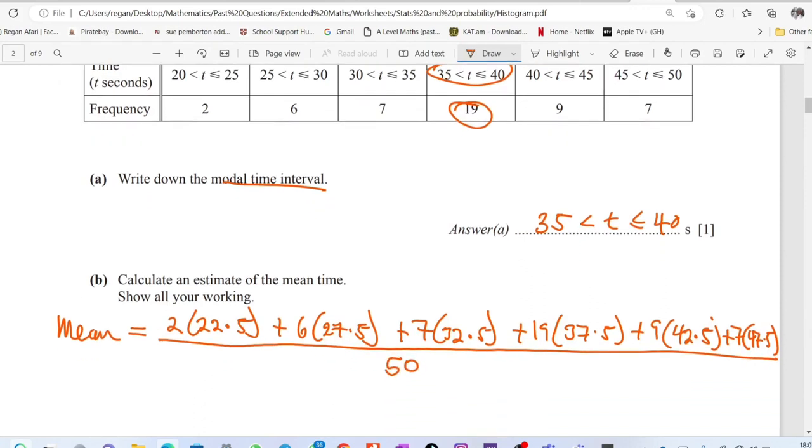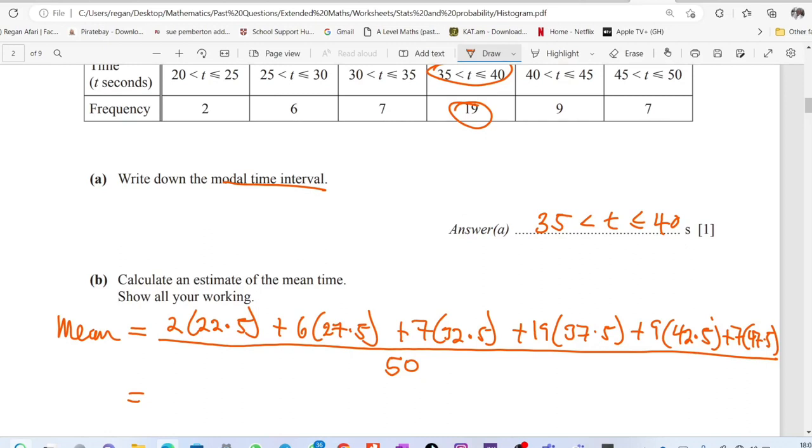Okay, and then we're good to go. So I have 2 into 22.5, 6 into 27.5, 7 into 32.5, 19 into 37.5, 9 into 42.5, 7 into 47.5.